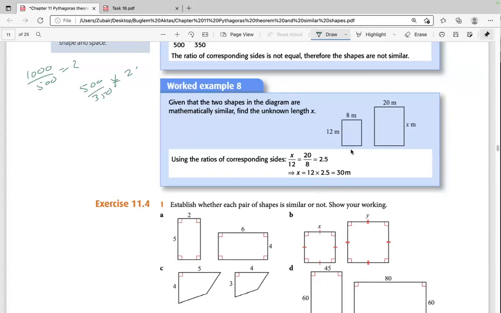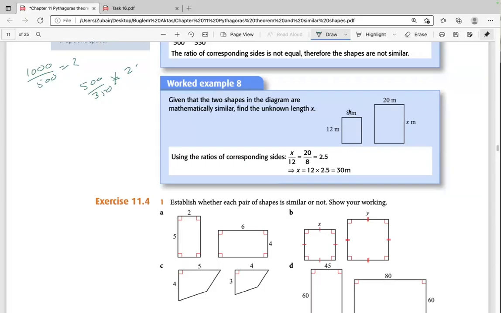So we may have different ways. I can see that these two should be similar and these two should be similar, because we understand that those two are the shorter sides and the vertical ones are the longer sides. So 20 by 8 should be equal to x by 12.